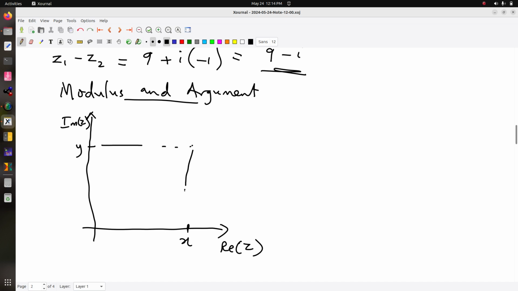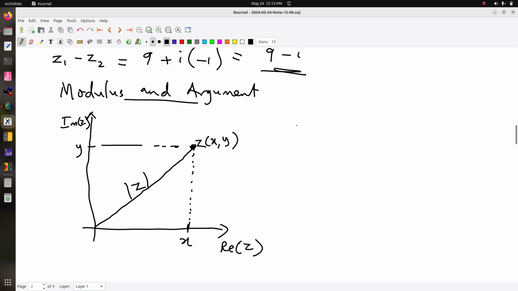So this will be z, this point, which is x comma y. Now if you draw a line from the origin, 0 0, up to the point z, x comma y, that line denotes the modulus of the complex number.